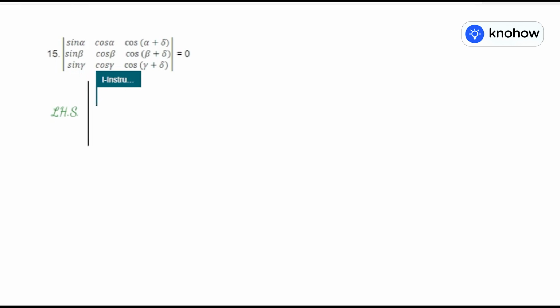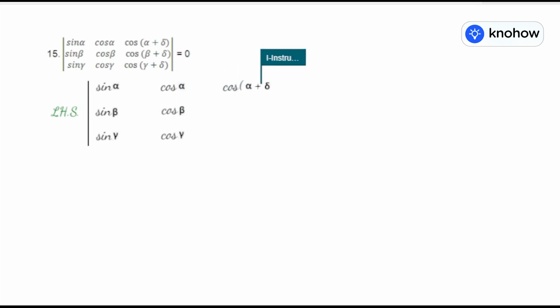The elements are sin alpha, sin beta, sin gamma, the elements of the first column. Second column are cos alpha, cos beta, cos gamma, and the third column are cos alpha plus delta, cos beta plus delta, and cos gamma plus delta.